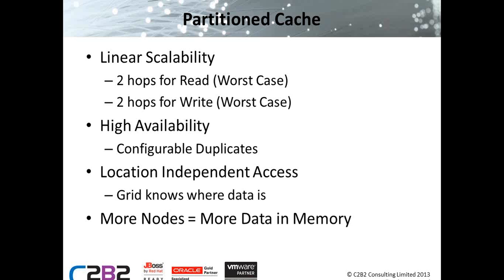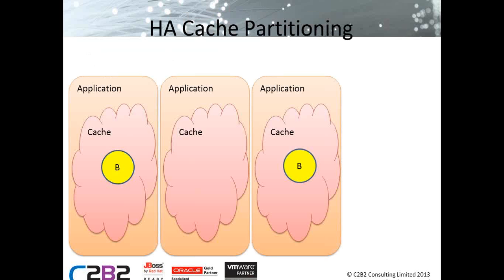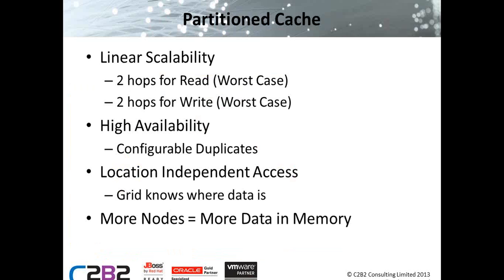So if we go back to the previous slide, if we put data into the wrong node, for example, the node that's holding the data is the left-hand side. If our application was accessing that data from the middle node, that doesn't store the data, we'll get a network hop into our cache and a network hop to pull the data across the cluster, as we saw before in partitioned caches. So worst case, we get 2 hops for a read.